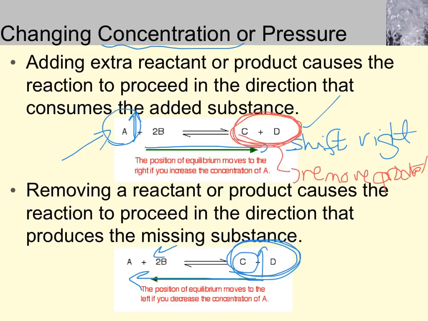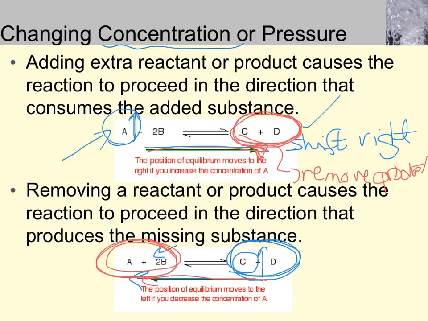So again, what can this reaction system do to reform the product that's been removed? It will shift to the right. Okay? And likewise, if I go in the reaction vessel and take out some of the reactant that's sitting there in equilibrium, the reaction system will adjust by shifting to the left.